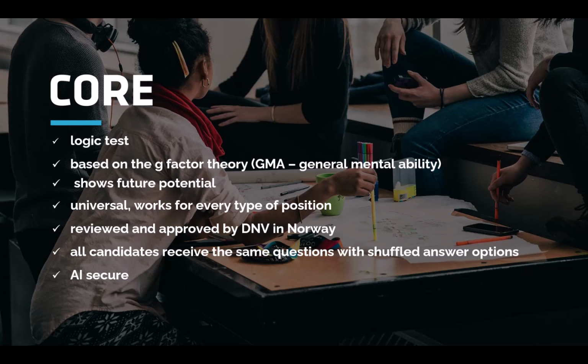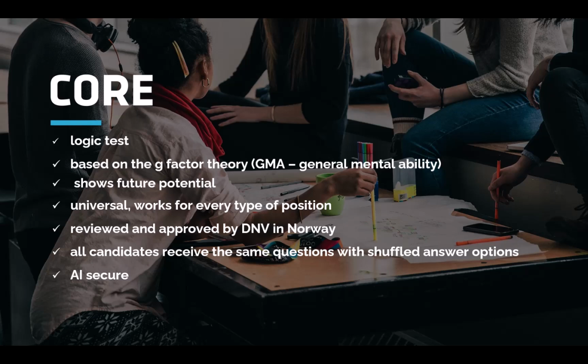This ability tends to remain quite stable over time until we reach a certain age, when it starts to become more challenging for our brains. But as mentioned, for most of our lives, our cognitive ability remains fairly constant. When we say that we measure future potential, it's tied to the fact that our capacity doesn't change much over time, as we just mentioned.